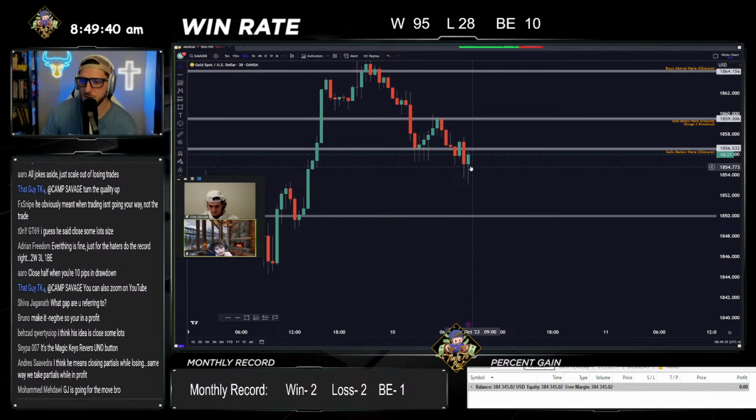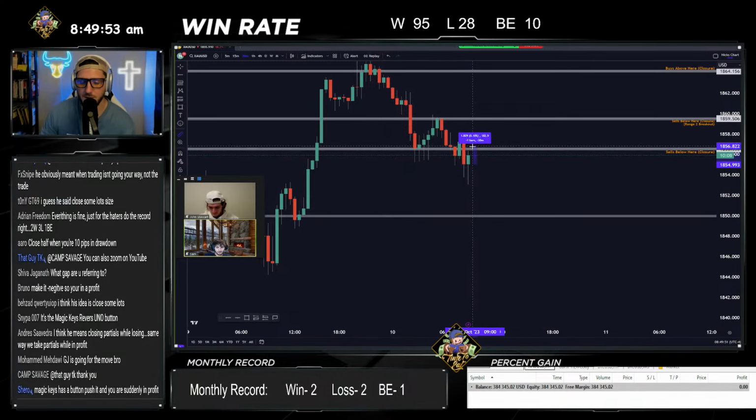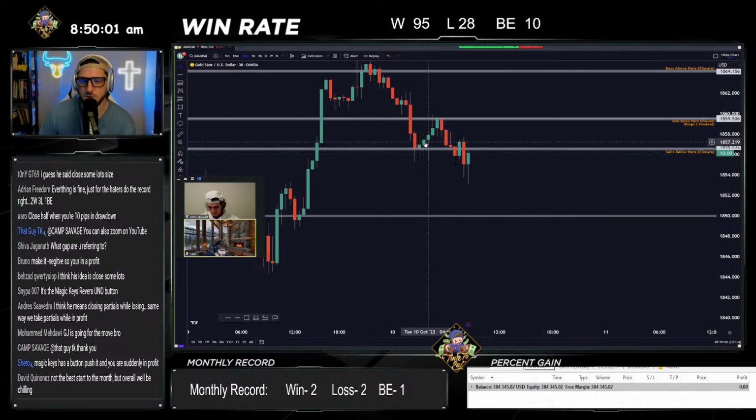One thing I learned from Raja was if price comes all the way down and you're like 15, 20 pips in profit, if it comes back up, close half. That way only half can get stopped out, or maybe half keeps going, or you can re-add the half back. So I've tested all these strategies.